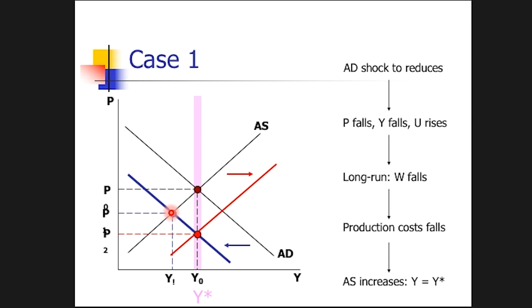But in long run, the price may be even lower, but the output increases back to the potential level. And we say that the economy self-stabilizes to the long run output or the natural rate of output.